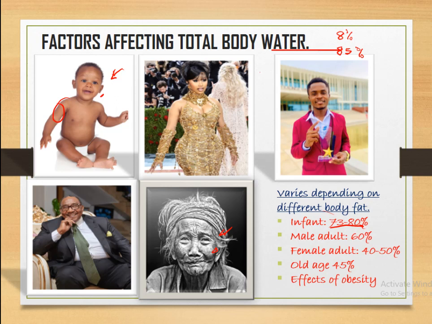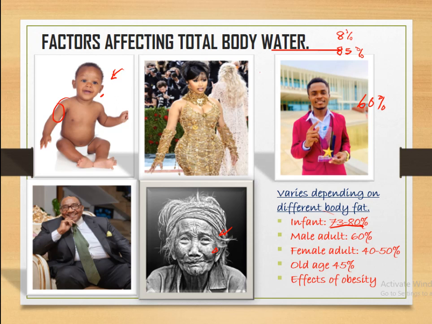So children have a lot of water in their body as compared to us adults. Then the male adult, for example in my case here, approximately 60% of my mass is made up of water. Then the female adult has from 40% to 50%.